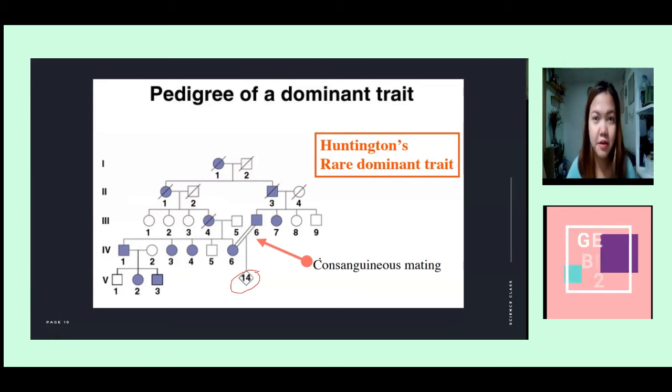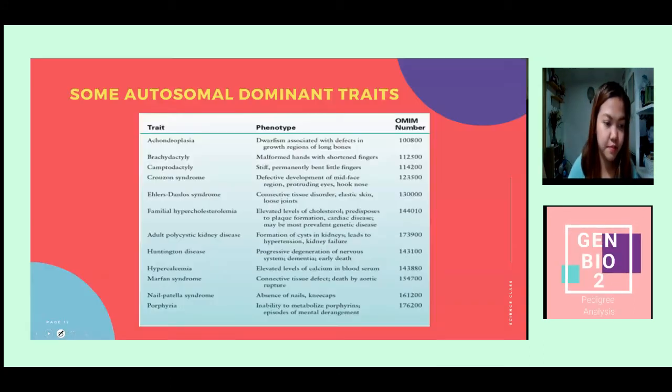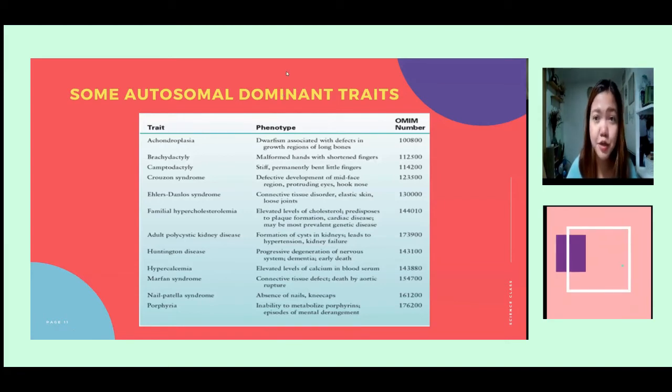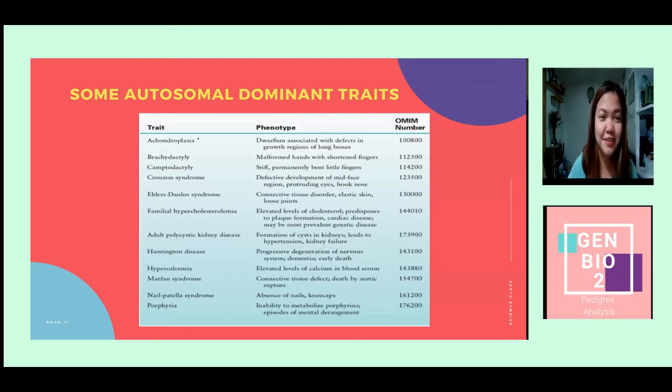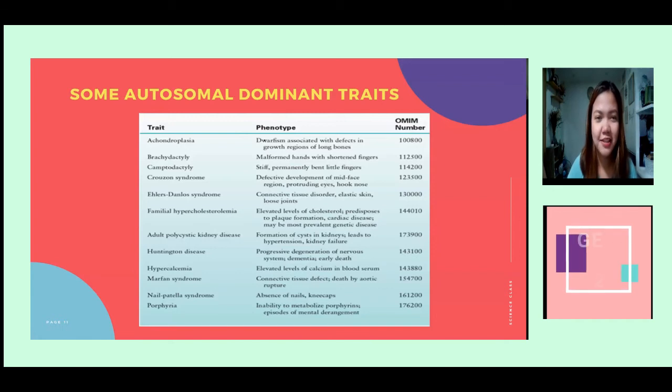Okay, so these are some of the autosomal dominant traits that you could find in the catalog. So it's for you guys to understand kung ano yung trait and if you're interested, pwede na kayo mag-search pa more about that.